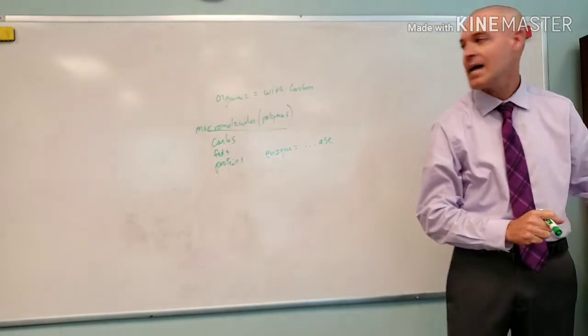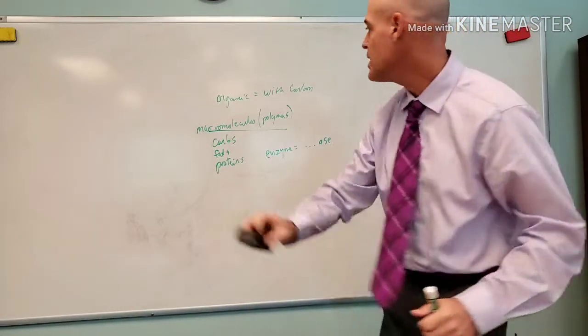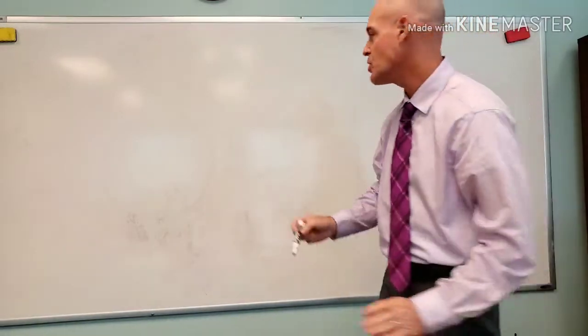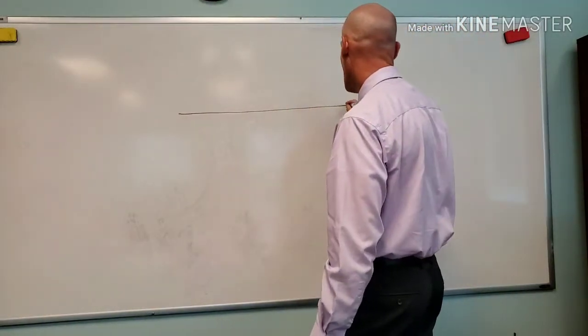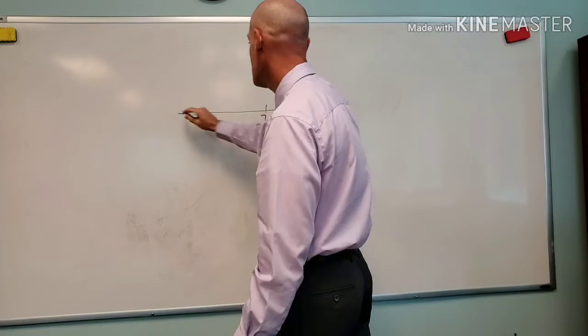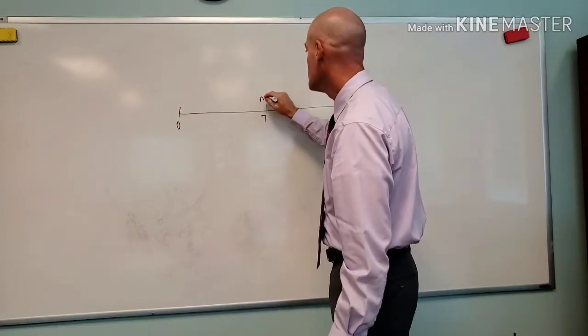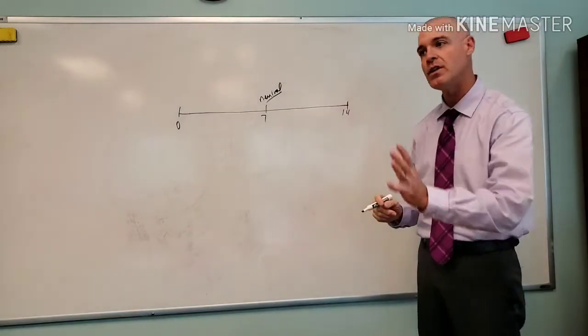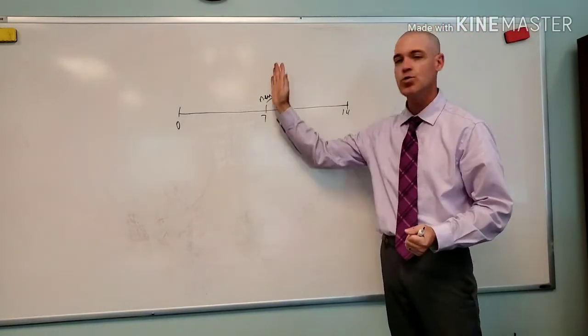I want to talk about acids and bases real quick in our pH scale. We're dealing with a scale based on 0 to 14, 7 being right smack dab in the middle, so that is neutral. The only thing naturally occurring that's neutral is water.